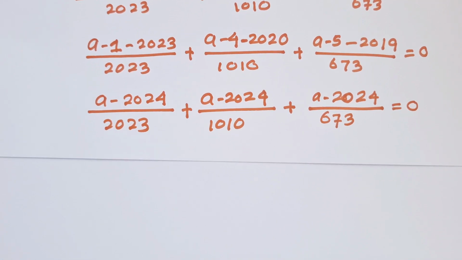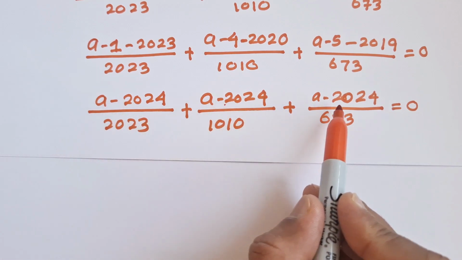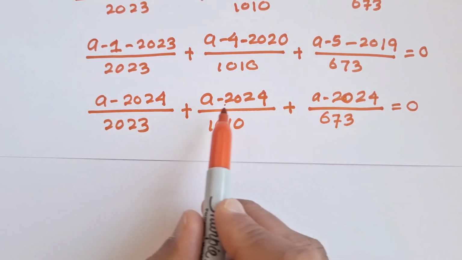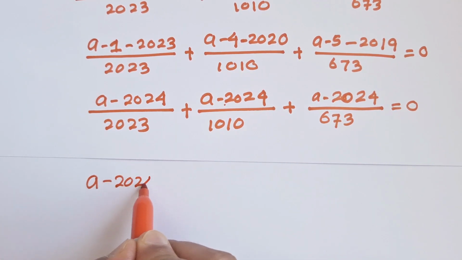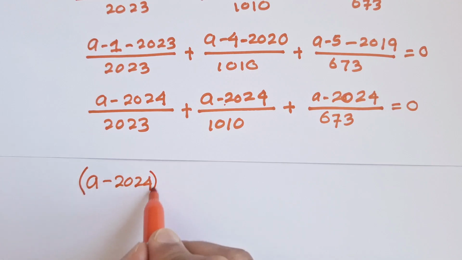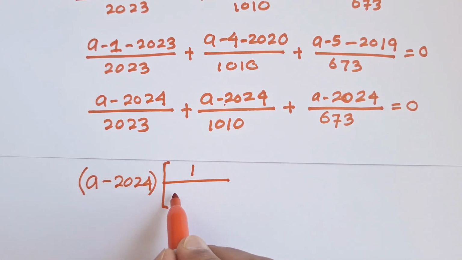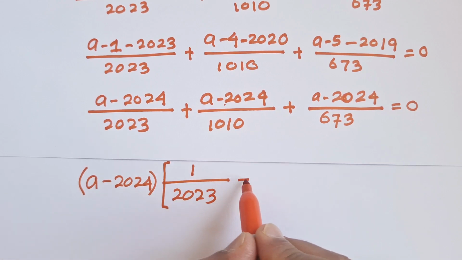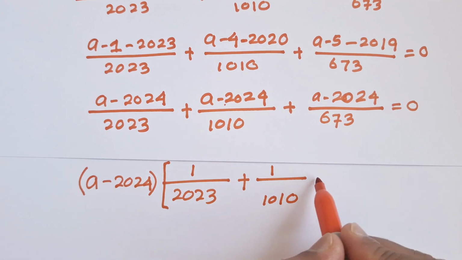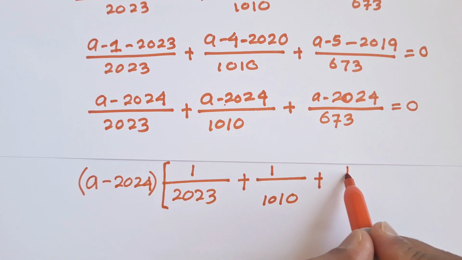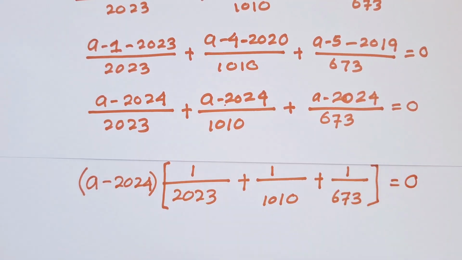Now you can clearly see that in all three fractions, in the numerator we have the same term, a minus 2024. I can take this a minus 2024 out of the equation on the left side as a common factor. So inside the parentheses, we have 1 over 2023 plus 1 over 1010 plus 1 over 673 is equal to 0.